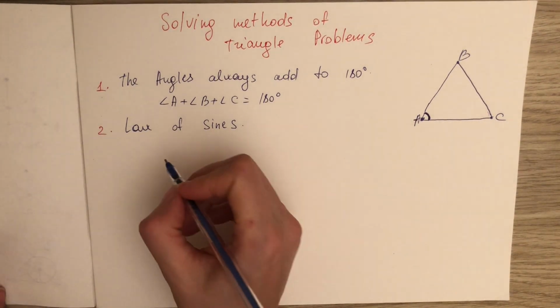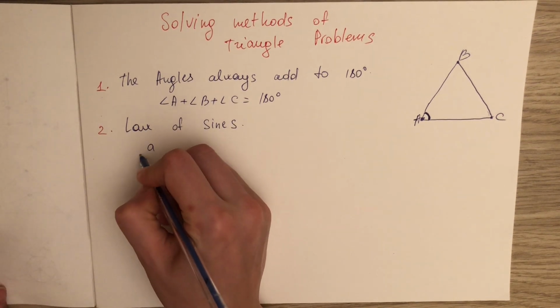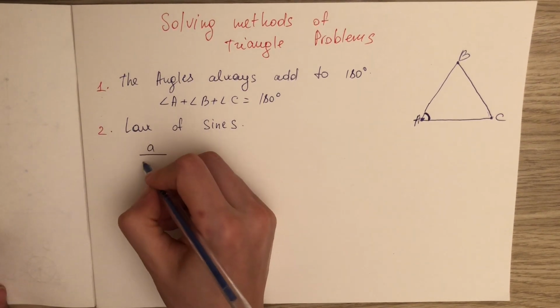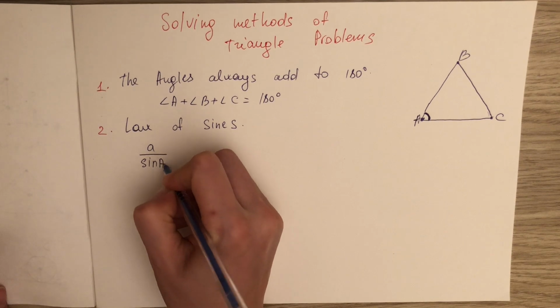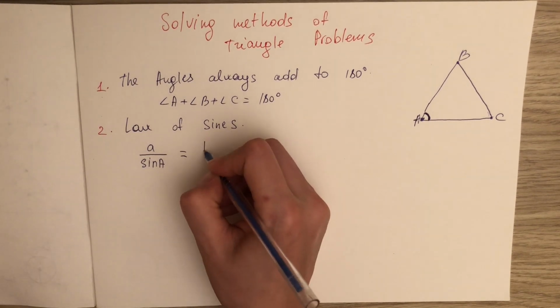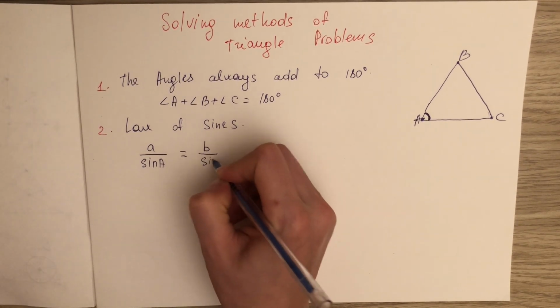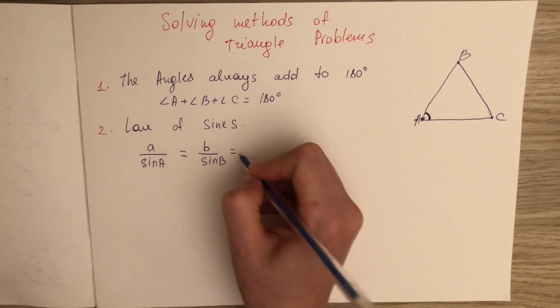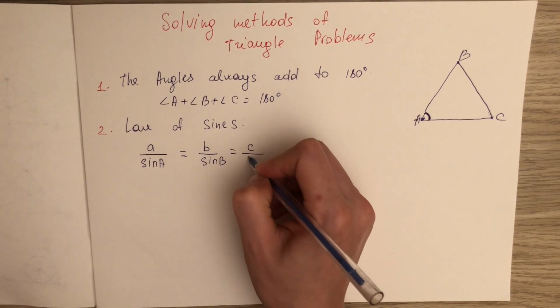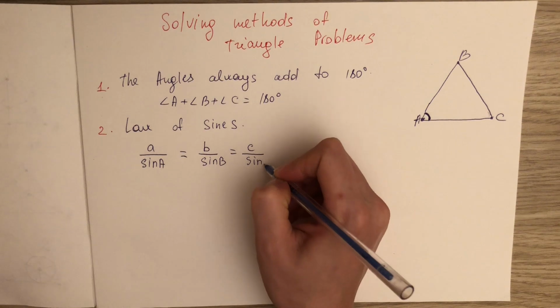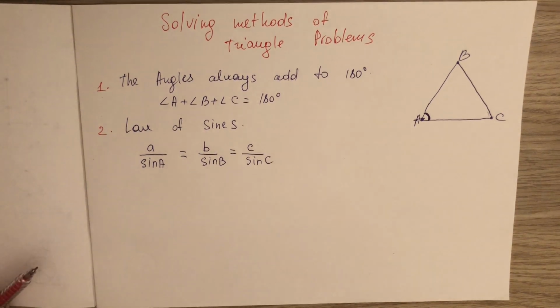What does it mean? A over sine A is equal to B over sine B is equal to C divided by sine C.